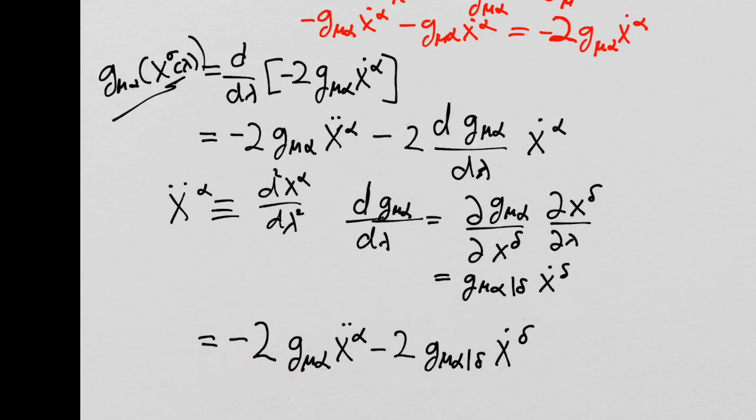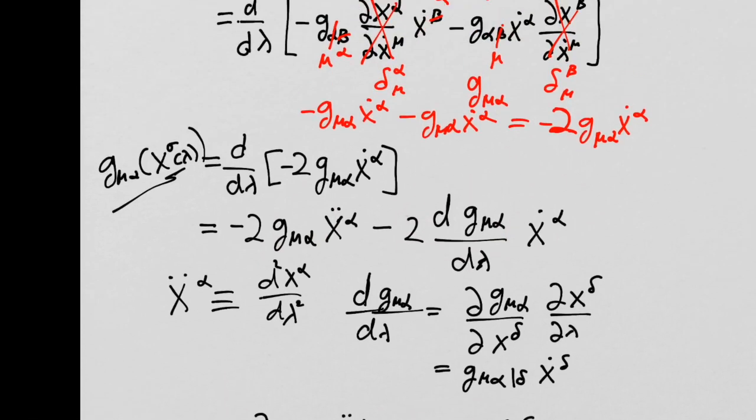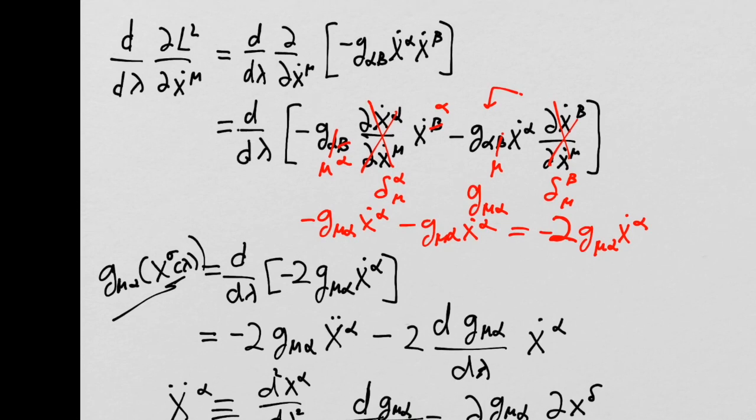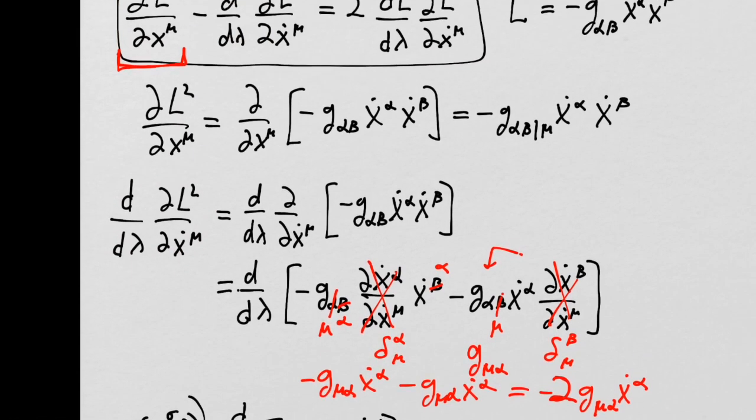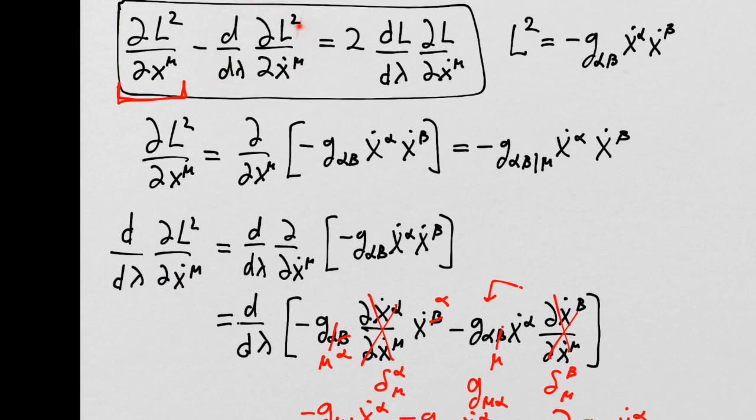Right? This is the first part, and this is simplifying the second part. And remember, this whole thing, just to tie it back to what we were working on, is the evaluation of this expression, which is what we found is the second term in our new modified Euler-Lagrange equation.